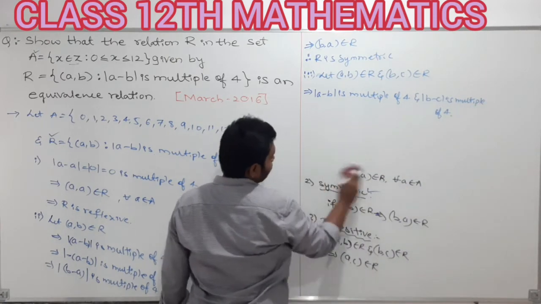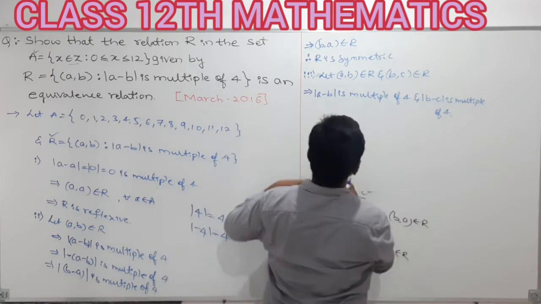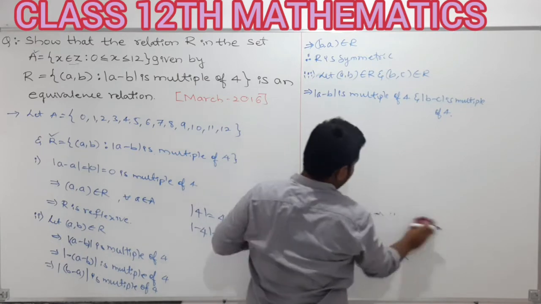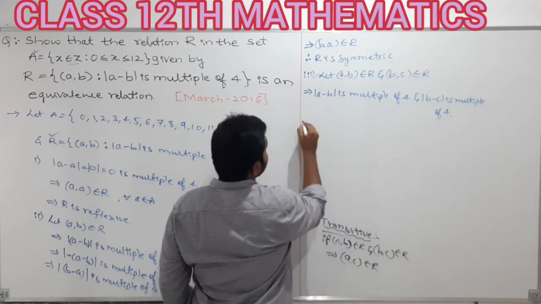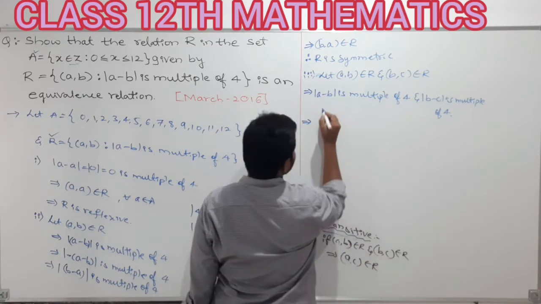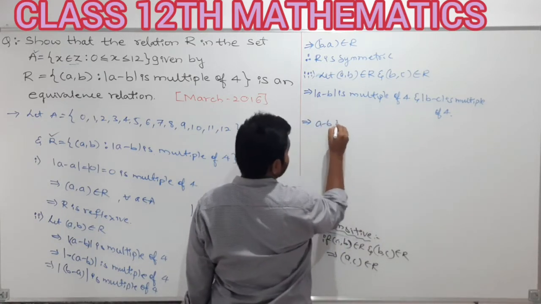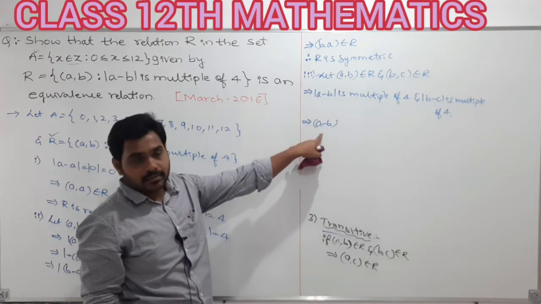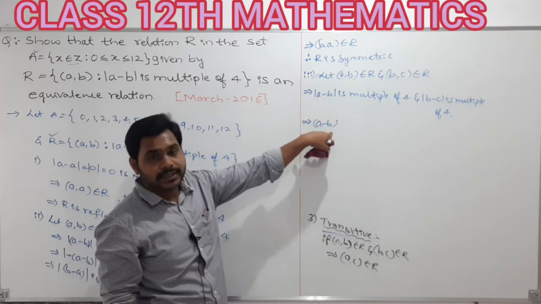This I can write because a comma b and b comma c are in the relation R. Am I clear? And this implies modulus of a minus b is a multiple of 4; if you remove the modulus, you get the same number again. I am removing the modulus.